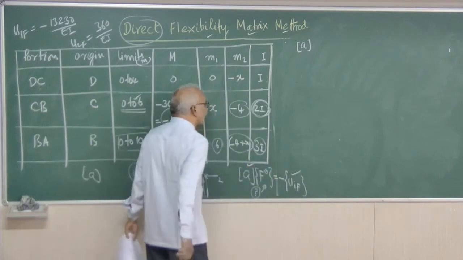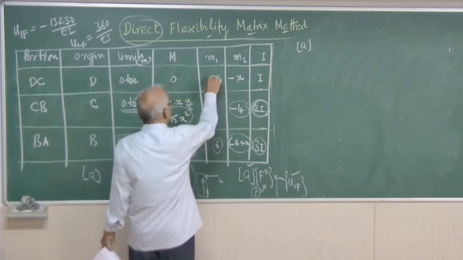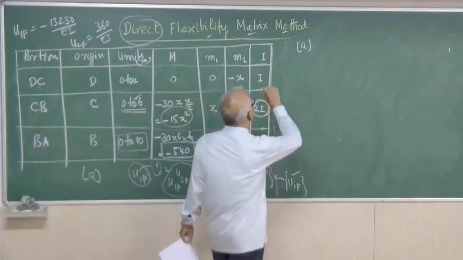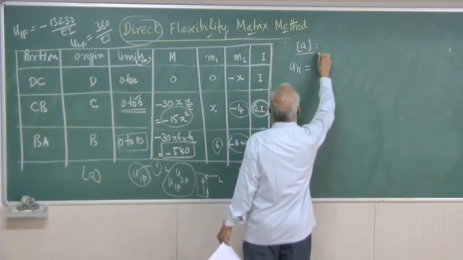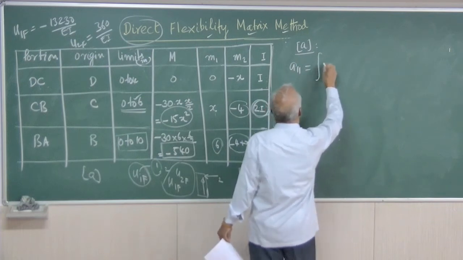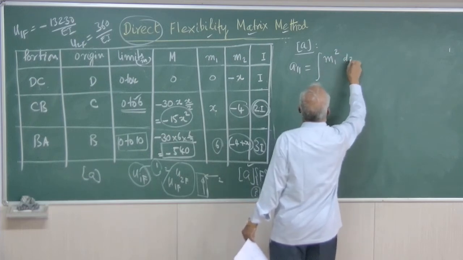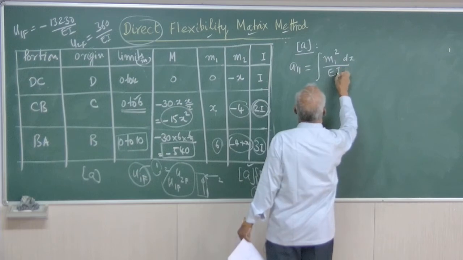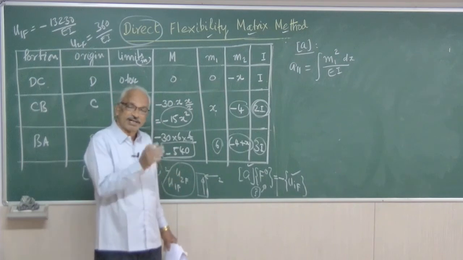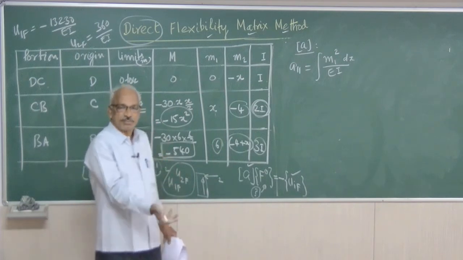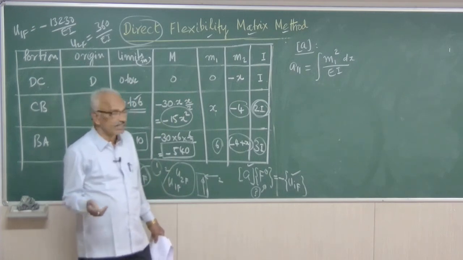Now we will get it right by applying unit value of Vd. We have got the M1 values. Therefore, A11 will be equal to the same integral M1 square dx by EI, because external force itself is Vd equal to unity. So in the place of capital M, now you will have M1, and in the place of small m also you will have M1.